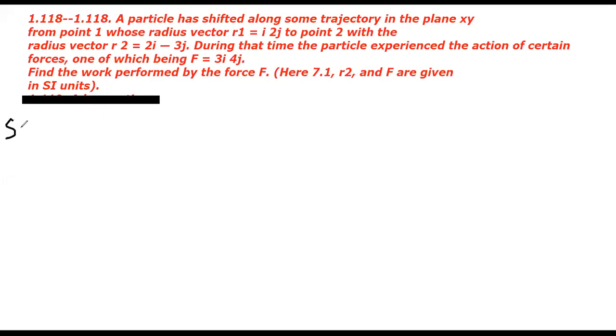The question says that a particle has shifted along some trajectory in the plane xy from point 1, whose radius vector r1 is i plus 2j.